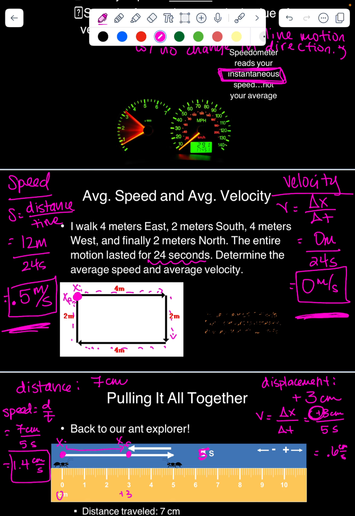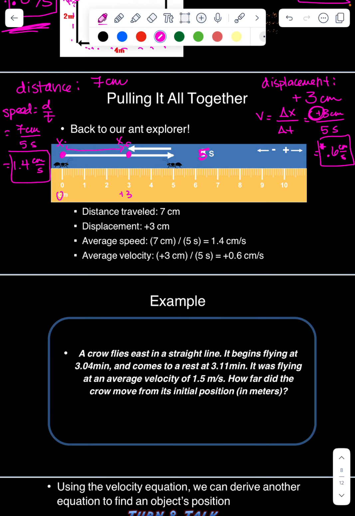The direction of the displacement will be the same direction as the velocity, and that tells us that it's moving in that positive direction. So there is a difference between your speed and your velocity. One takes distance into account, one takes displacement into account. All right, so let's keep going.